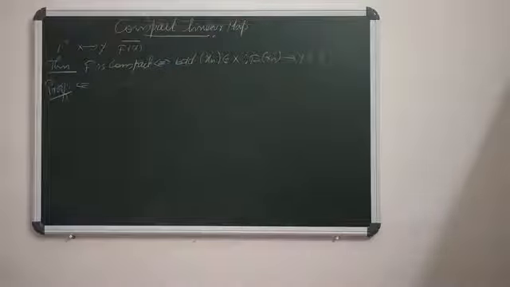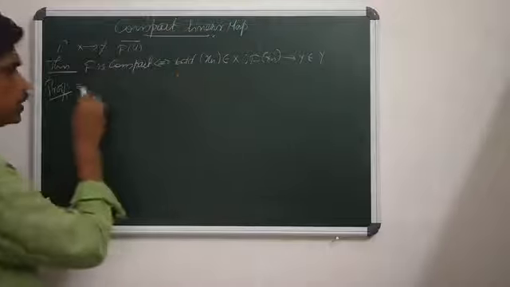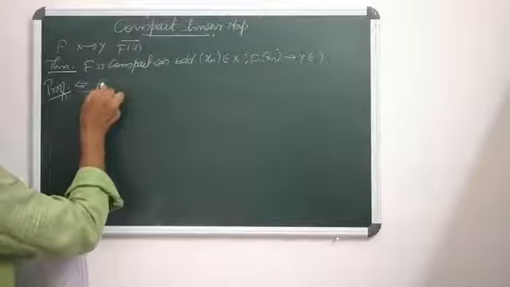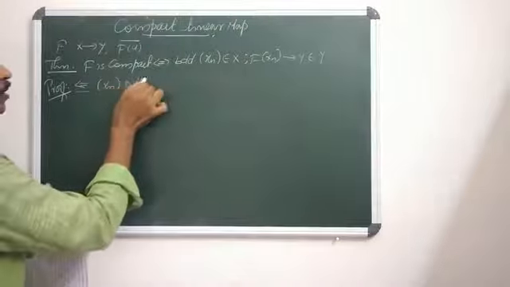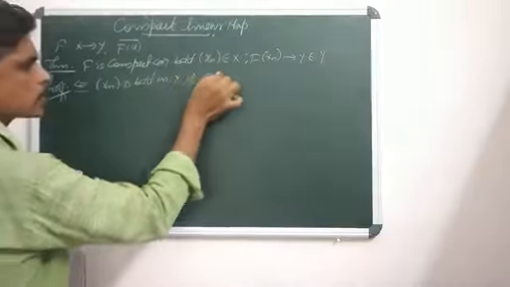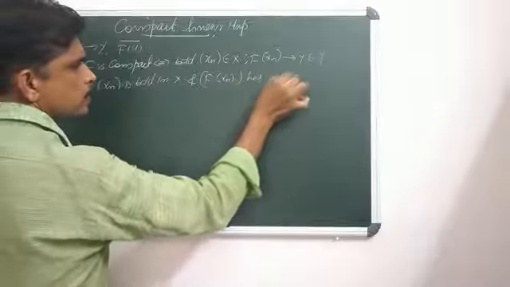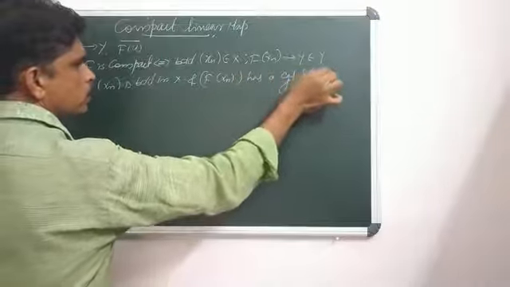Then f is compact. Now to show that f is compact, the reverse inclusion means first we assume that sequence xn is bounded in x, and sequence f of xn has a convergent subsequence in y.